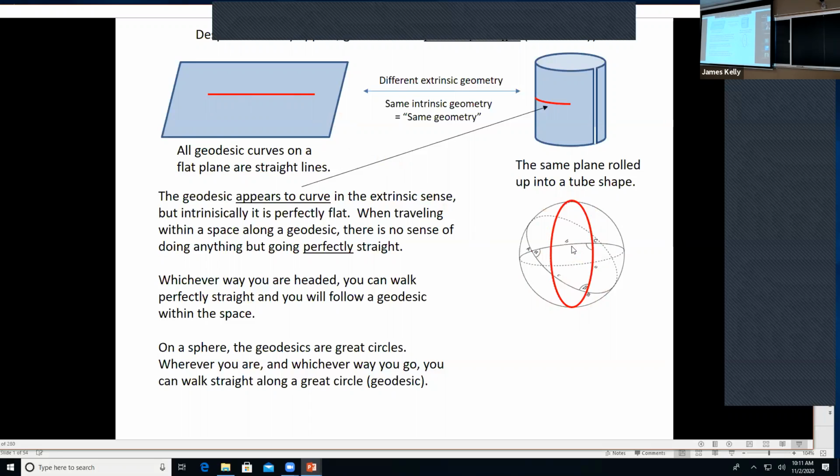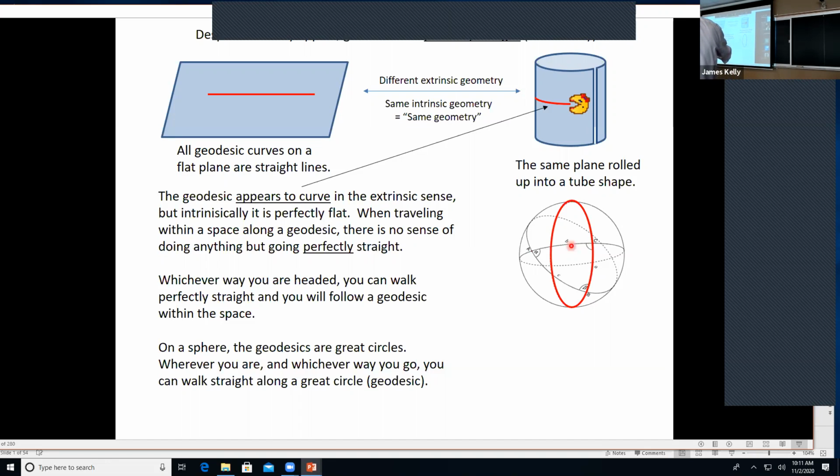But they're circles that are centered on the center of the sphere. So they're the biggest circles you can draw, not a little tiny circle that would just go like this. The great circles are like something going around the whole sphere, what you might call the equator kind of curves or whatever, okay?